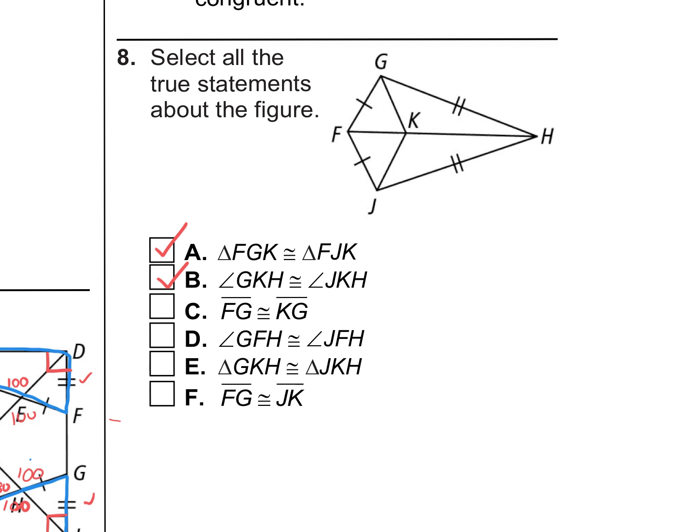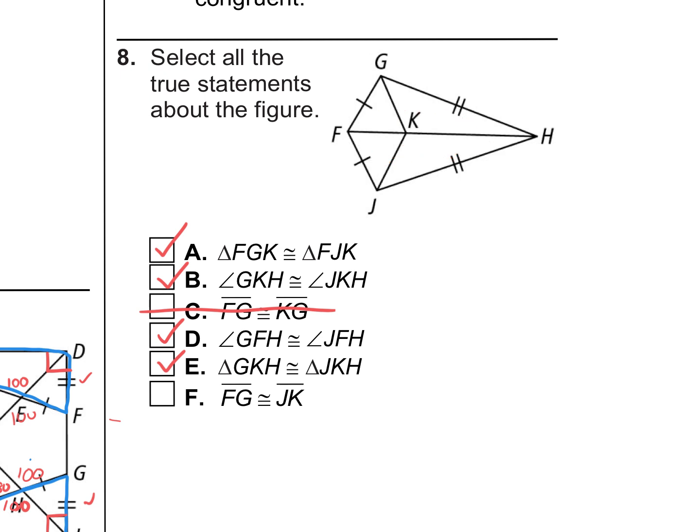Is the side specifically marked? No. So that one is a no. GFH and JFH. Yes. Triangle GKH and triangle JKH. So we're talking about these two right here. Do you agree? Yes.